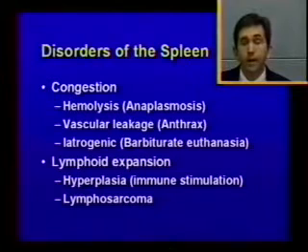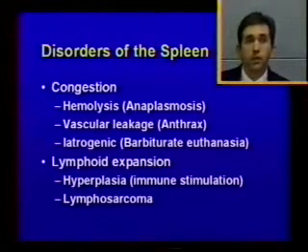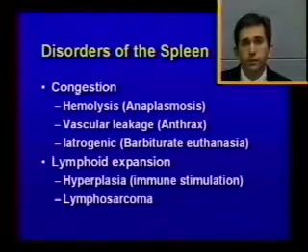But also an infectious agent, anthrax, caused by Bacillus anthracis, produces a toxin that causes vascular leakage. And this vascular leakage then would allow blood to accumulate in the spleen and cause it to become very congested.